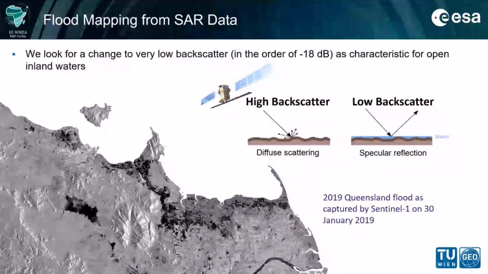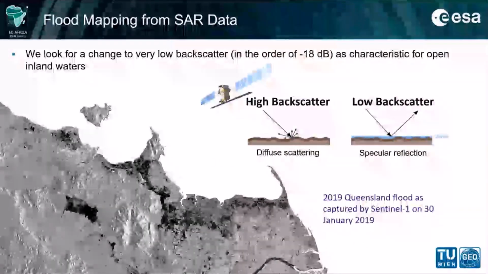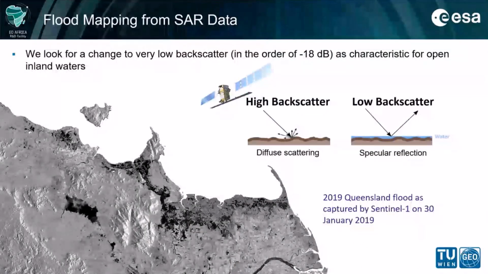The basic idea behind the algorithms is that we look for the one scenario shown here. Normally, over a land surface, we have a strong return from the soil surface that leads to rather high backscatter in the Sentinel-1 measurements.